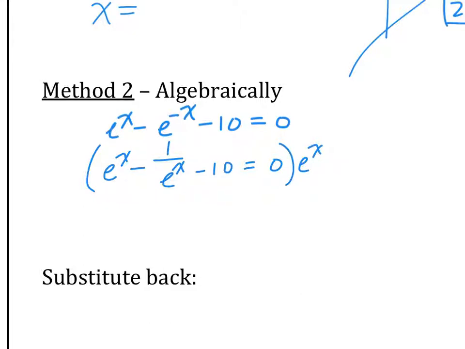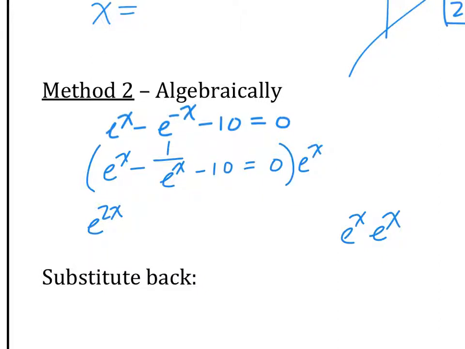It's Chapter P, if you forgot, the first chapter of the year. e to the x times e to the x. Nobody knows. e to the 2x. When you have the same base, you add the exponents.